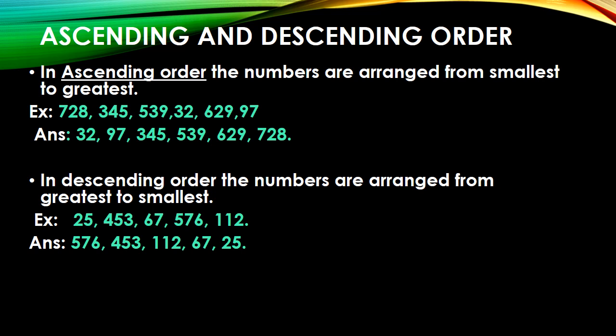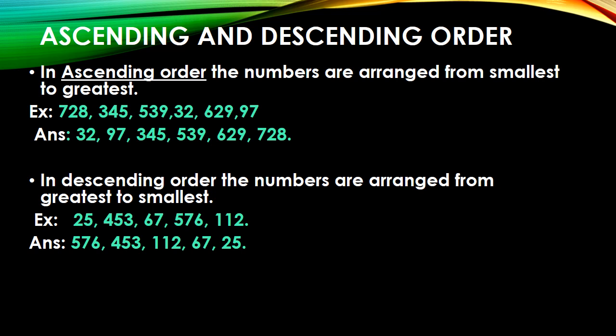Descending order. In descending order, the numbers are arranged from greatest to smallest. I repeat, greatest number to smallest number. Example: 25, 453, 67, 576 and 112.